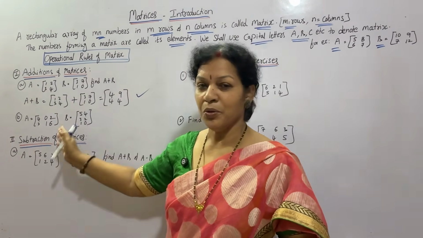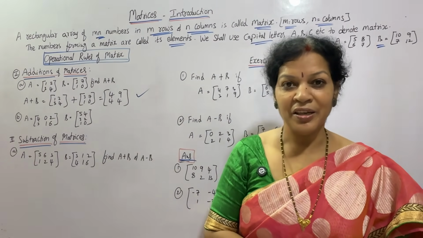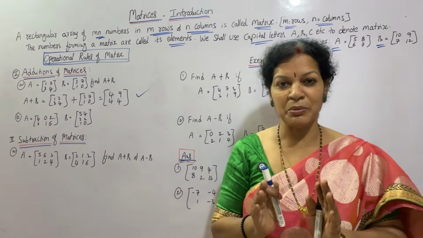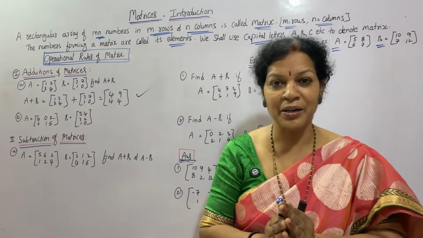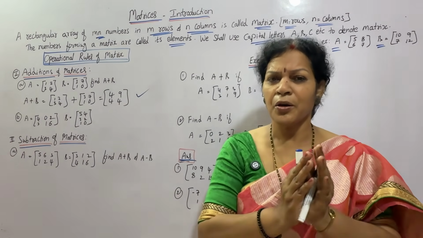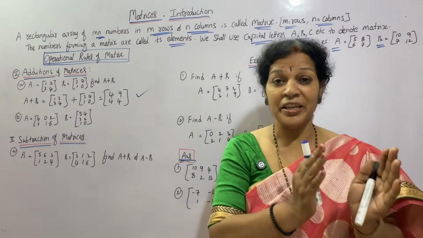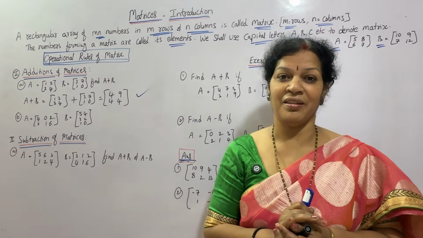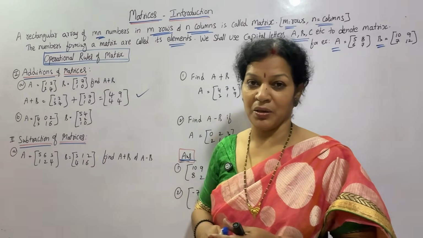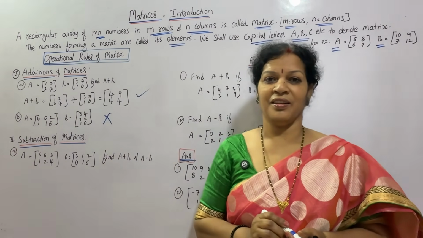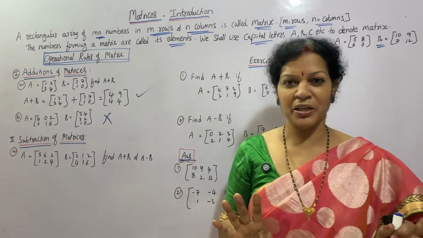They are asking us to add A plus B. Is it possible? Not possible. Always remember, if you want to add or subtract, the rows and columns of matrix A and matrix B should be the same, equal. Here it is not equal, so addition is not possible. Do not get confused. Am I clear?